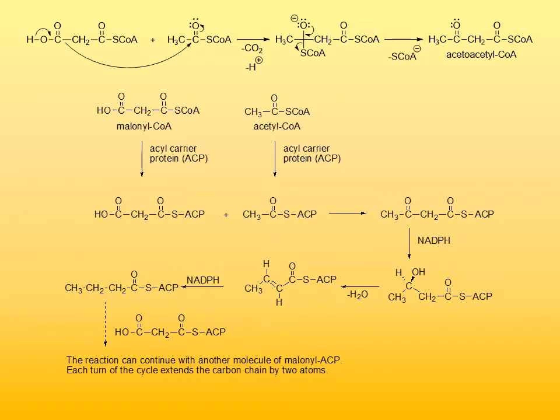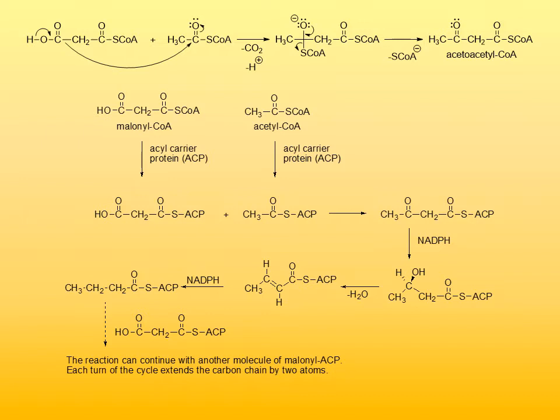Elimination of water from it gives the corresponding trans alpha beta unsaturated ACP ester. So a trans compound is only a short-lived intermediate, and it never leaves enzyme complex. It is immediately converted to a saturated ester in the next step by NADPH reduction.